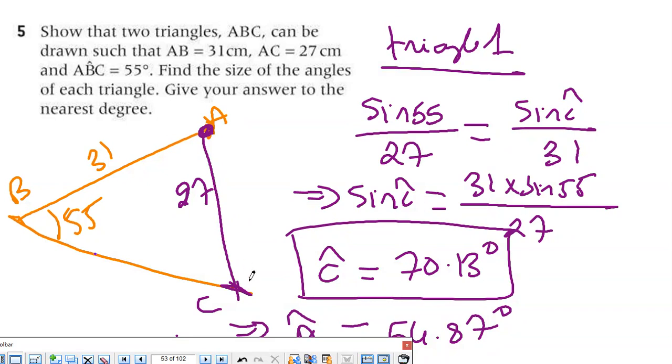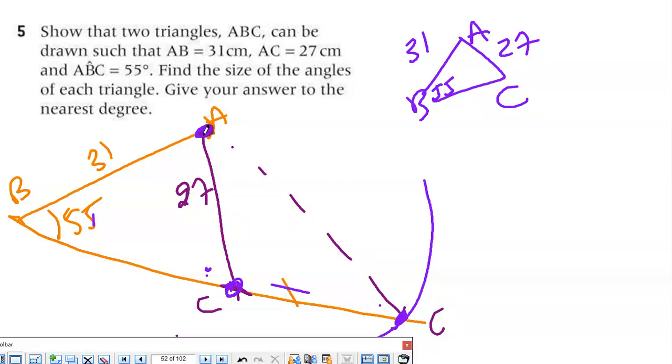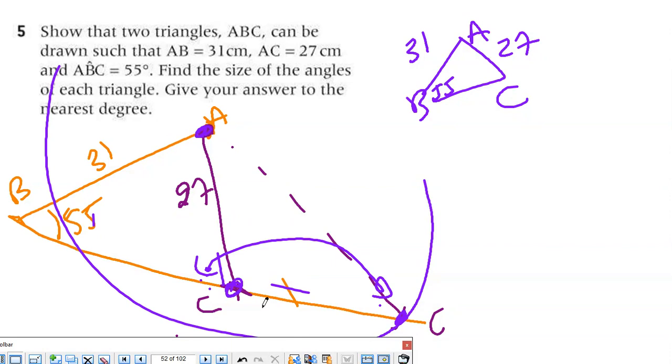In this case, C could have two possibilities, because if I take my compass and open 27, I draw a circle, and the circle meets this side B in 2 points, so I have two C's. And what's the relation between those two C's? They are supplementary. I found the first C, and then to find the other one, I do 180 minus the answer, and I will get the second case.